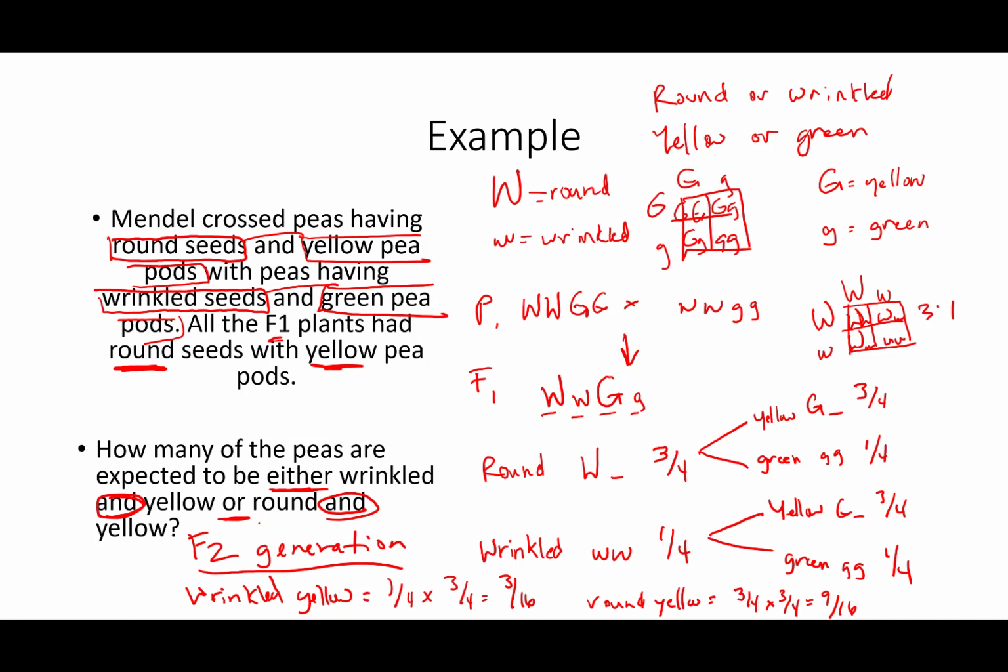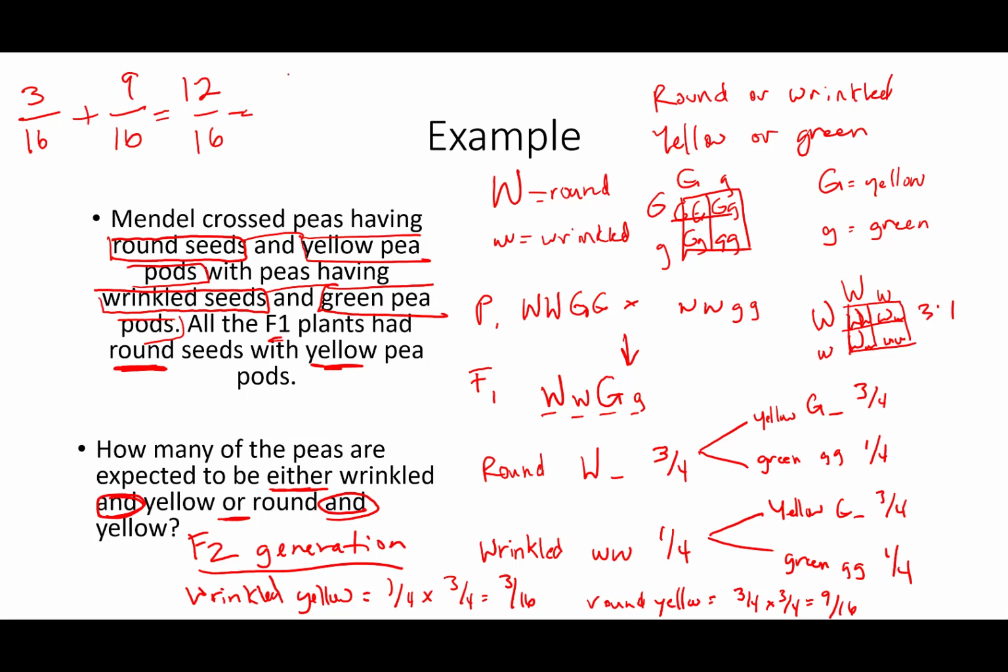Okay, but it says either wrinkled yellow or round yellow. So it's either this or that. So now I need to add these. Remember, when we add fractions, we need to make sure that they have the same denominator, which in this case they do. That's why I like to not reduce my stuff till the very end. So I can take 3/16 plus 9/16, and that's going to equal 12/16, which I could then reduce down by 4.